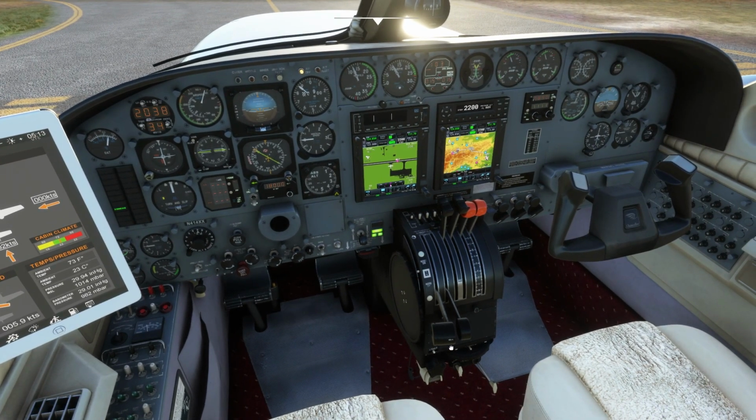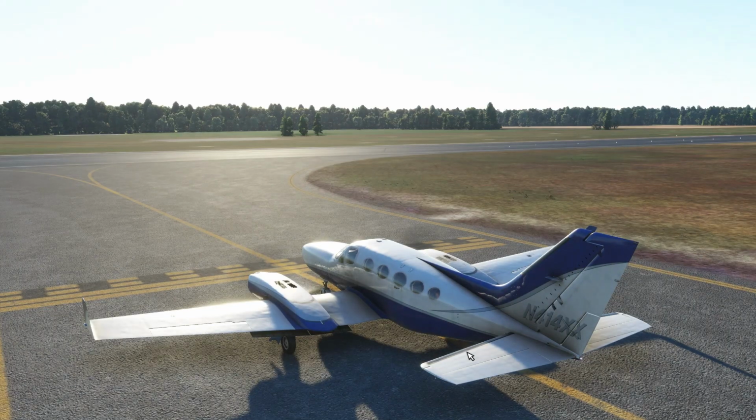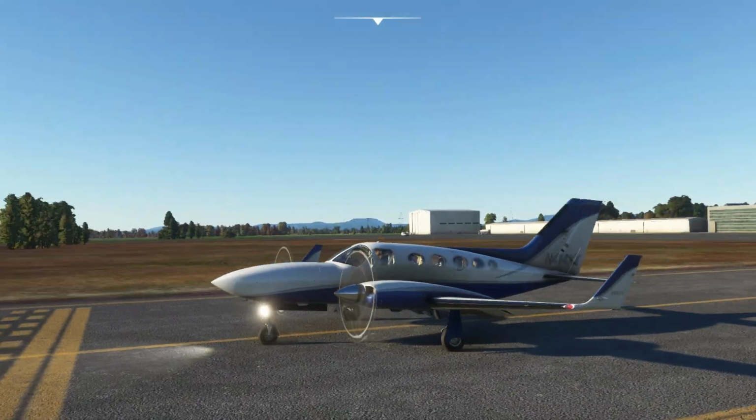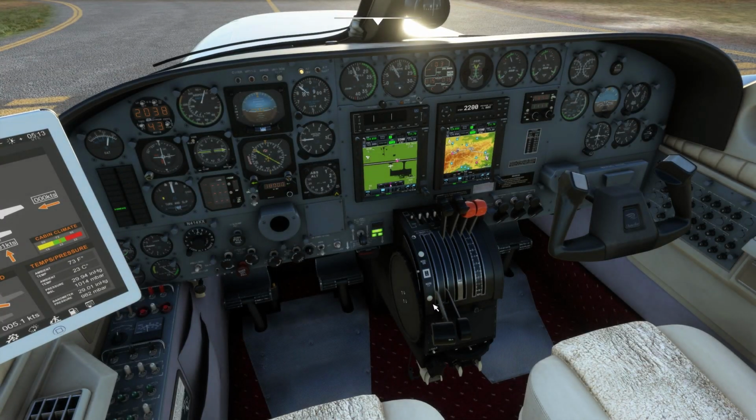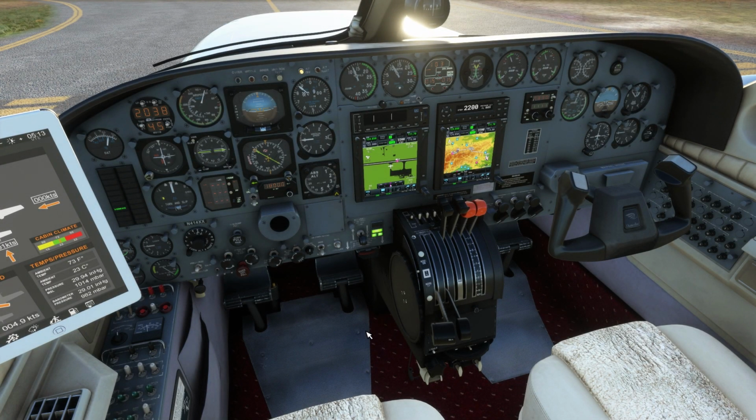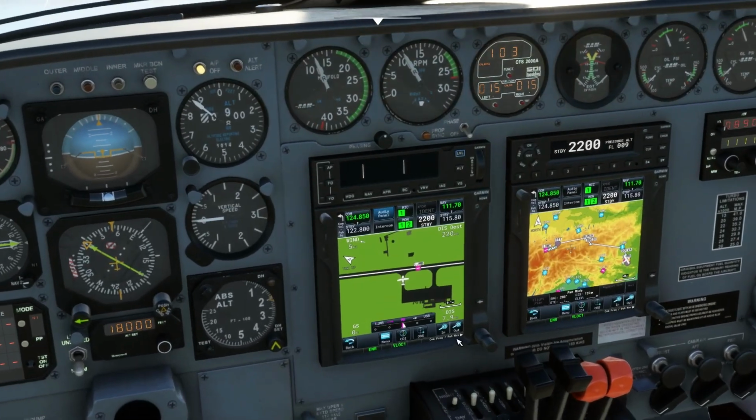We should open the cowl flaps. I think I've called them in numerous ways today. I said slits, I said gates, I said flaps.